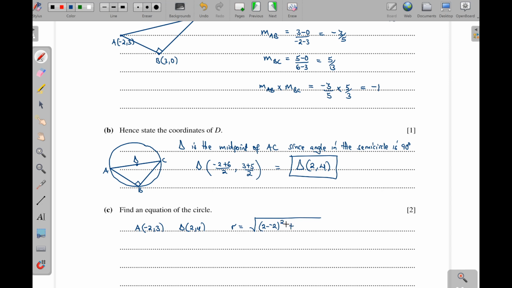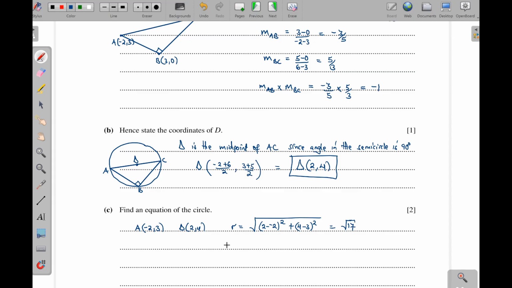Then you square that, plus the change in y, that is 4 minus 3, then you square that. This is a 4 first of all, then squared that will be 16, then plus 1, that will be 17. So we are having root of 17 here.